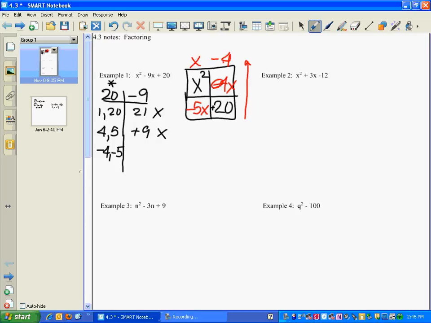Okay? And now we go right to left. Between x squared and negative 4x, what's in common? And between negative 5x and 20, what's common? Is it negative 5 or positive? Negative, because it's the closest one to the side. So your factors are x minus 4, x minus 5.